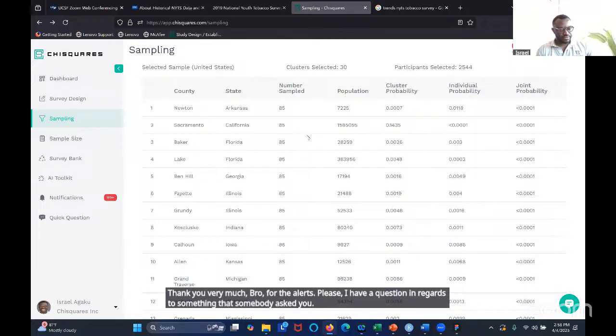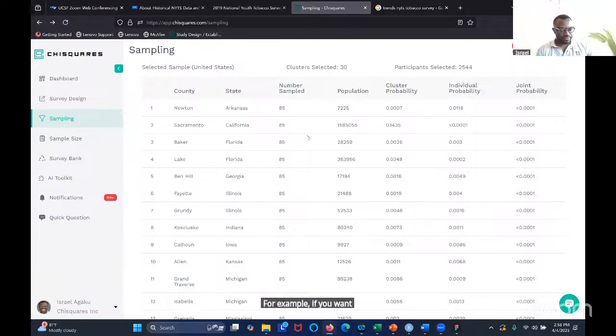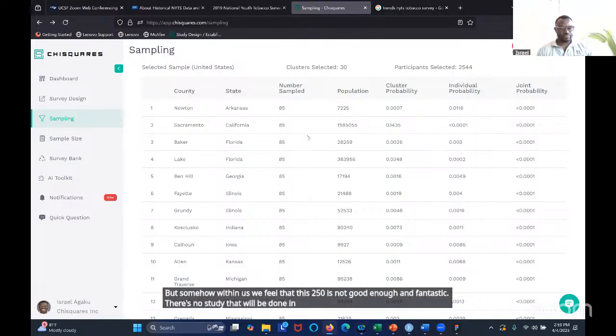Please, I have a question regarding something that somebody asked me. For example, if you want to carry out a study in an entire state, let's just say Plateau State in Nigeria, and you calculate the sample size using previous studies and you get 250. But somehow we feel that this 250 is not good enough for an entire state. This is not a study that will be done in an area in the town or in the capital.